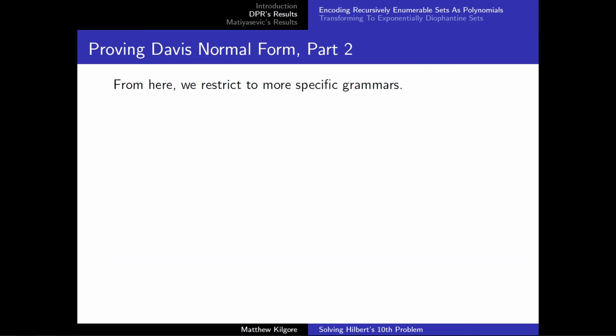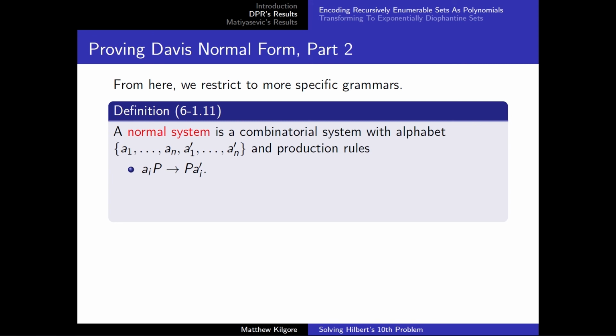From here, it's helpful to restrict to a more specific grammar, which he calls a normal system. This is a combinatorial system with alphabet a1 to an, as well as duplicated versions of these.